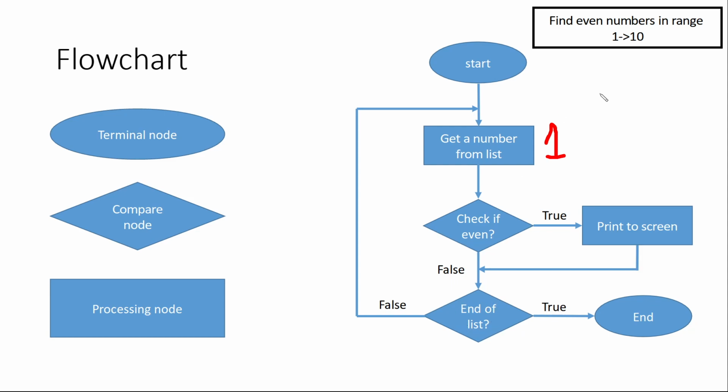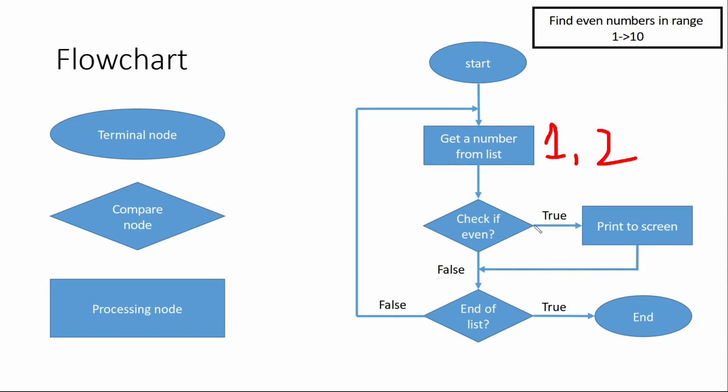Of course, we have other numbers in our list, so we go back to the first step, get another number. Let's say now it is 2. You continue to check the number. Is this number even?